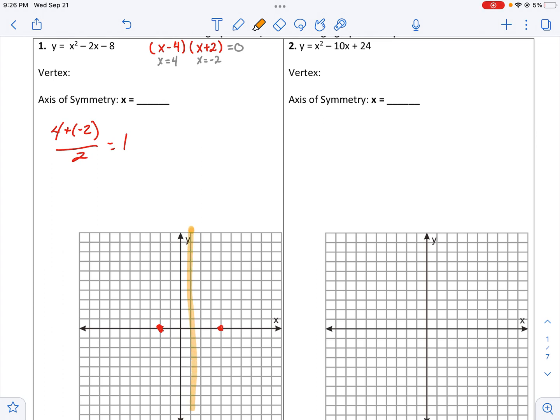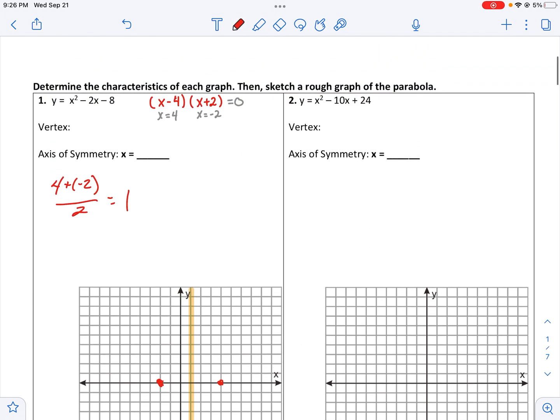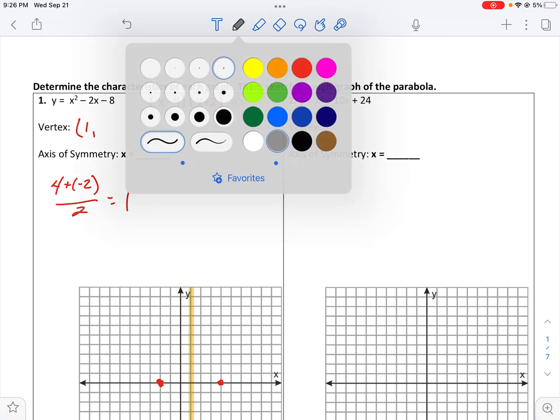And if I look in the graph, it looks like positive 1 is halfway between my two dots. So I start with my x-coordinate of 1.